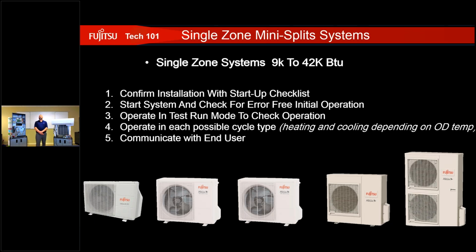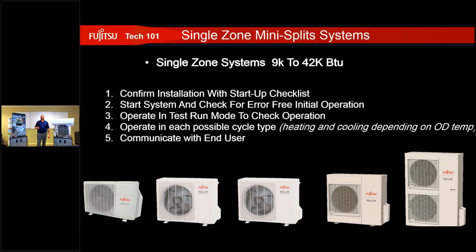Okay, so now we get to the single zones from 9,000 to 42,000. Same thing, we're going to confirm our installation with our startup checklist. Go through the whole spiel all over again, check the copper, check the wiring, check the condensates, all that fun stuff. Operate and start the system and check for error-free initial operation.